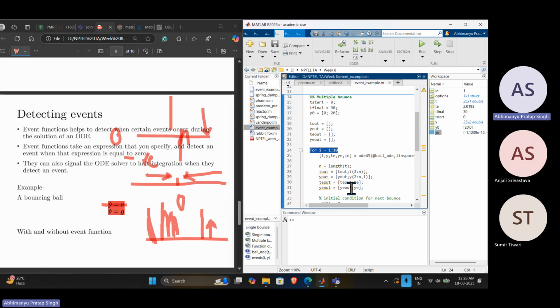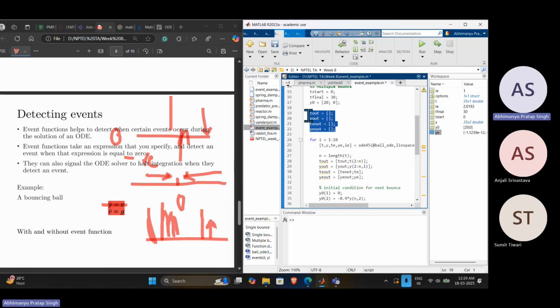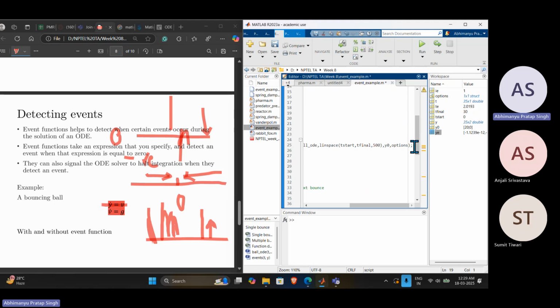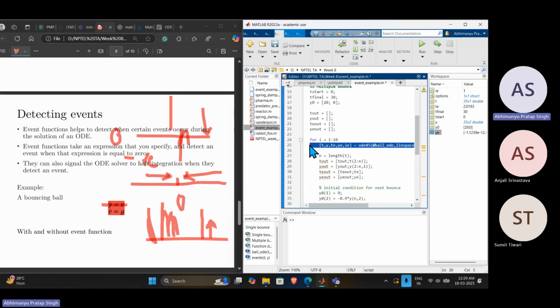Fine. So I will start from the same initial condition, 20, 0. This is the first initial condition, dropping the ball from a height of 20 meters. Then these are just empty vectors. And this is the first instance of this happening. So at the first instance, my y0 is this only.